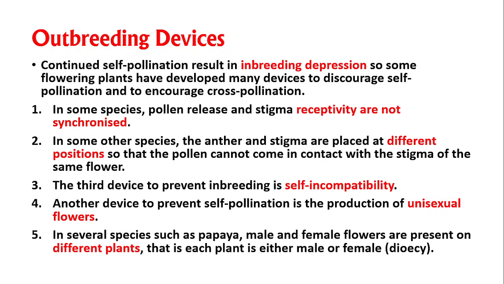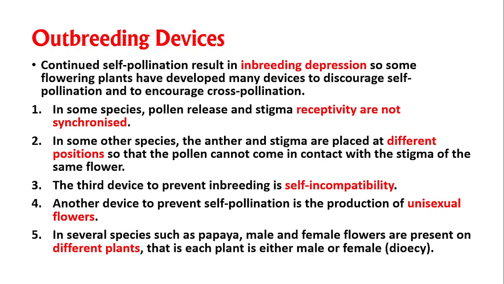That means in some plants, the pollen producing structure, that is anther, and the receptive structure, that is stigma, are produced at distant places, so that the transfer of pollen grains will not take place very easily, right? So this is another method of avoiding what? The self pollination, right?